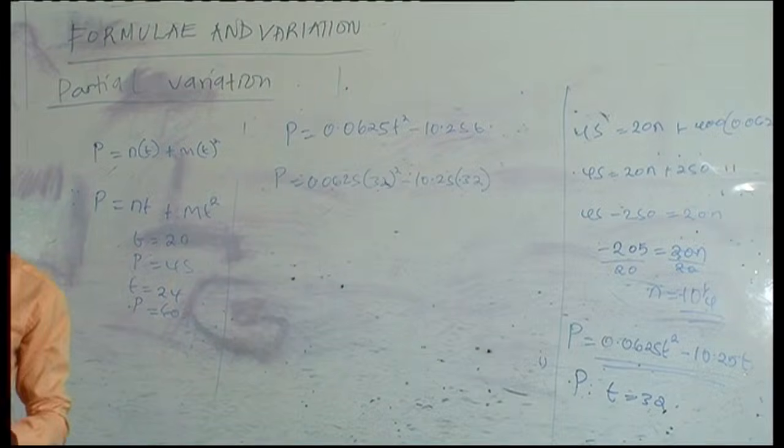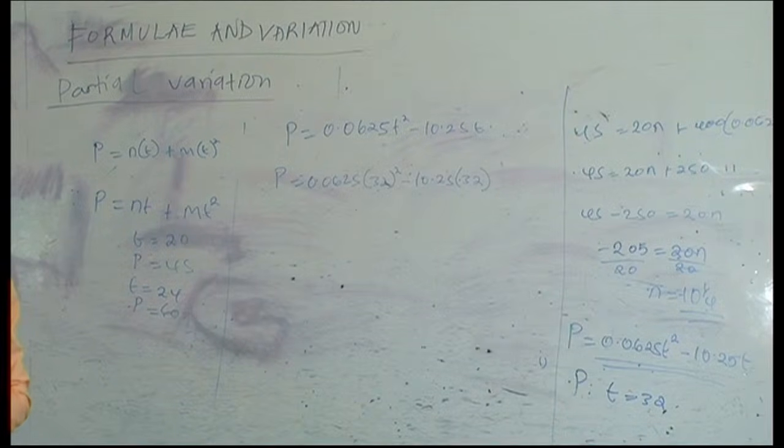Then you take your calculator and type in the comment section the value that you are going to get there. So we have 0.0625 into 32 squared minus 10.25 into 32.